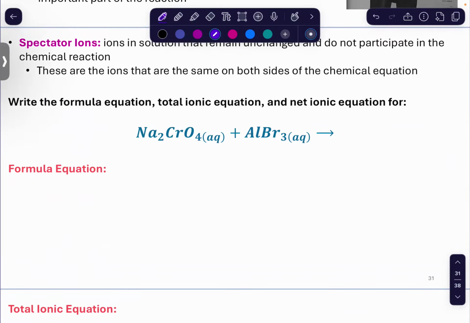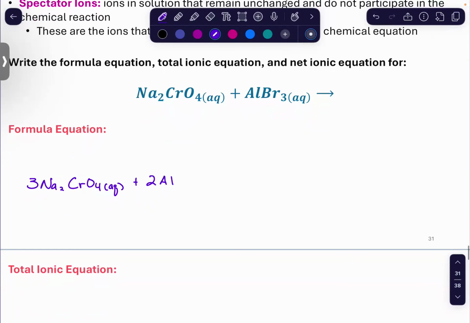So our formula equation, we remember, okay, so here's our precipitation reaction.